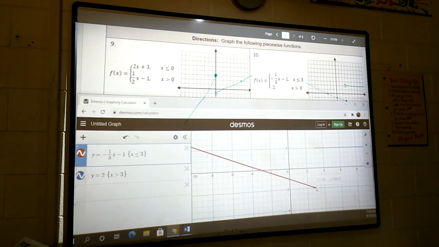The only thing that I need to make sure of is this is a closed circle if you see when I move my cursor. And if I move my cursor this way, you can see this is an open circle. So that was the only thing I had to figure out. And I can figure that out by moving my cursor in the right direction. Okay? So that is your graphs for Desmos.